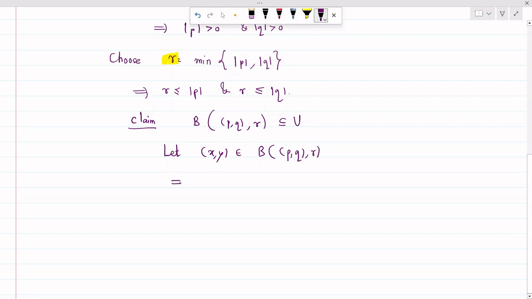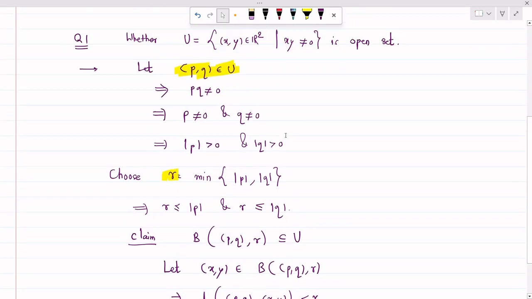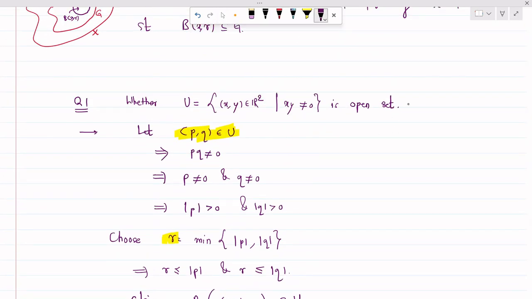As per the definition of open ball, this clearly implies that d of (p, q) from (x, y) must be less than r. But since we are dealing with the Euclidean metric, we'll mention that more clearly under the Euclidean metric.